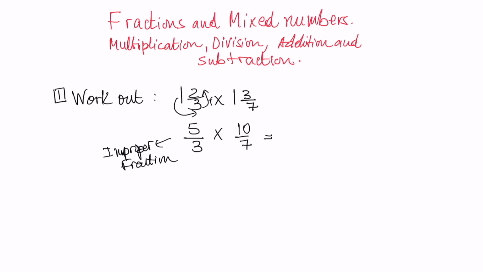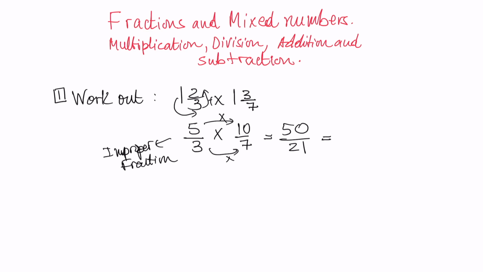multiplication is straightforward. All you have to do is numerator multiplied by numerator and denominator multiplied by denominator. So 5 times 10 is 50, and 3 times 7 is 21. So this is an improper fraction, and you have to simplify it.